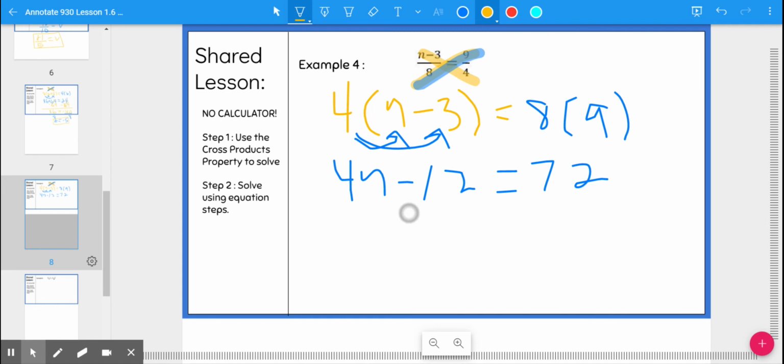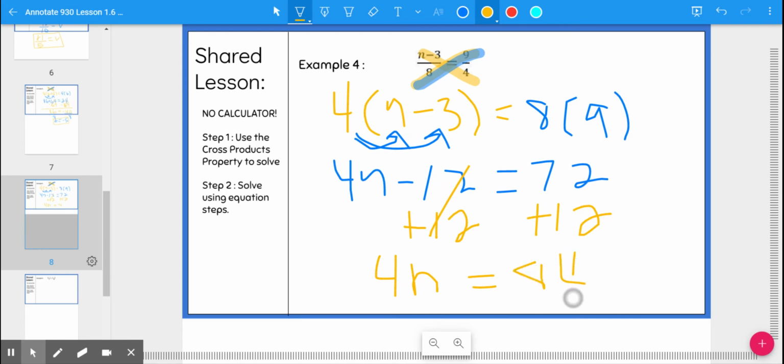My next step here is I'm going to add 12 to get the variable by itself on one side. So add 12 to both sides. So negative 12 plus 12, that cancels out, and we are left with 4n is equal to 72 plus 12 gives us 84.